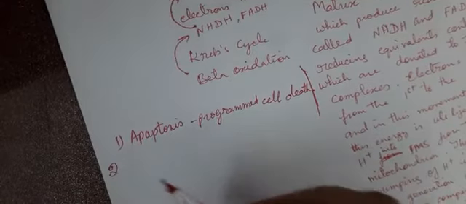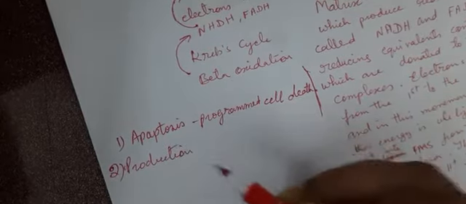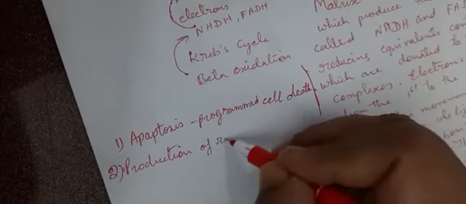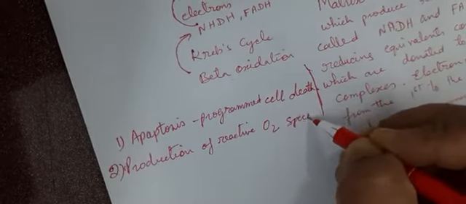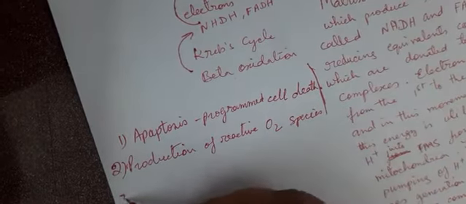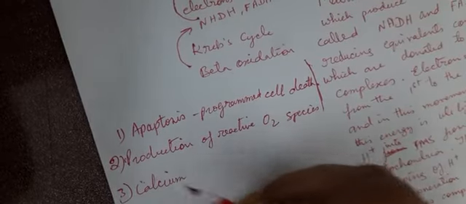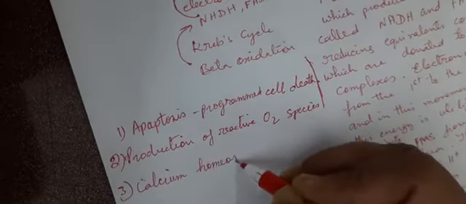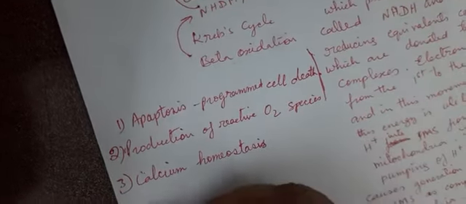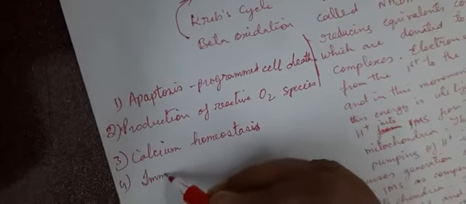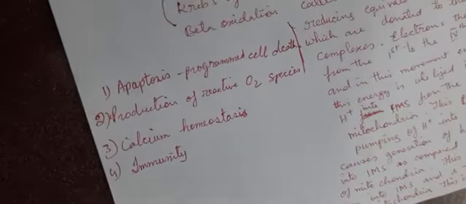Then the second one is production of reactive oxygen species. Then it plays a great role in calcium homeostasis, means balance of calcium ions in the body. Then it is also playing a role in the immunity of the body.